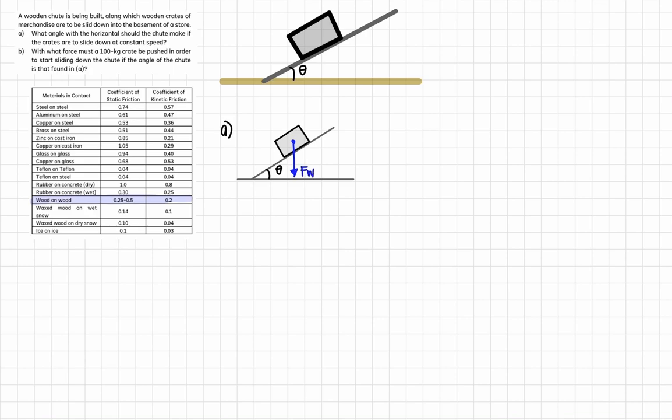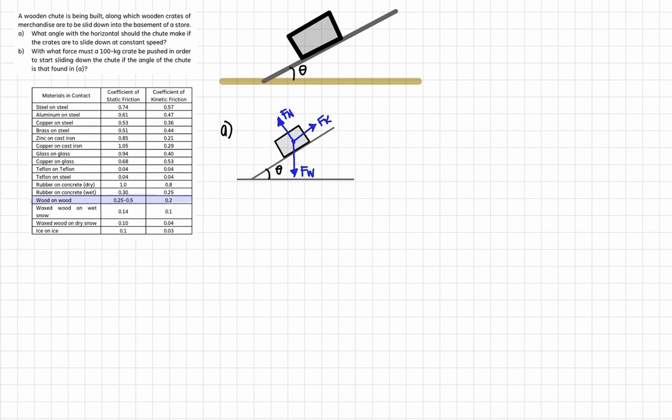Okay, these are the forces involved. And then this is our normal force, Fn. And then what else? This is our frictional force, Fk. It's opposing motion. Because it's sliding down, the frictional force is directed upward. So that is Fk.